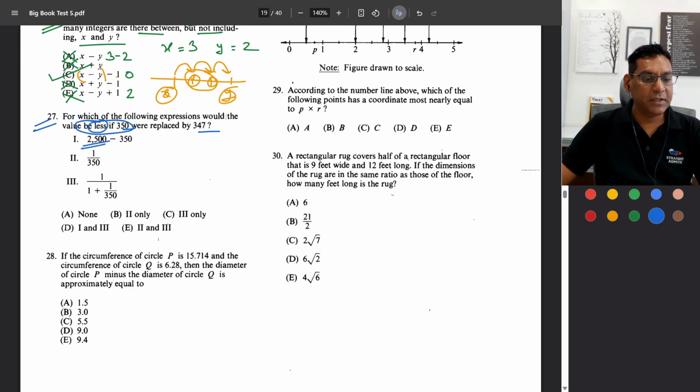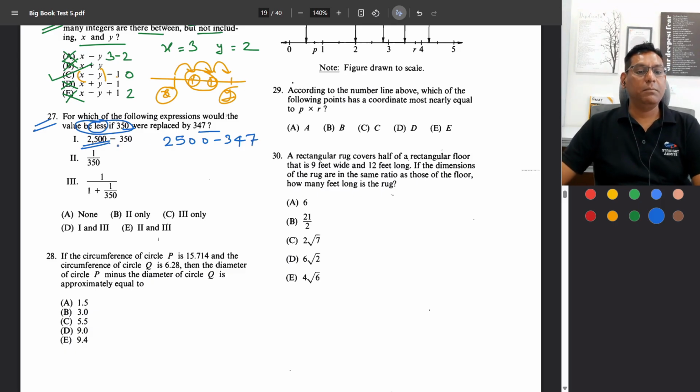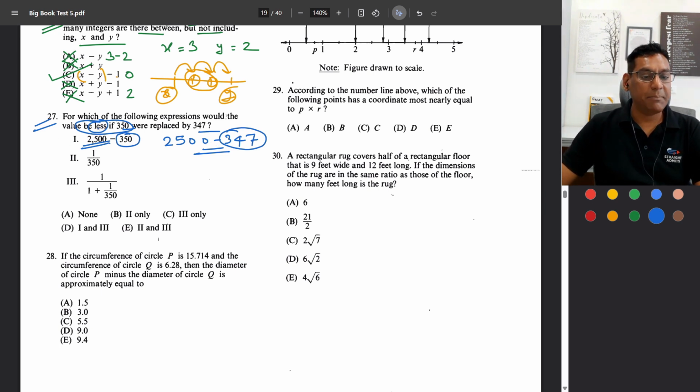So here I have a fixed number. If I compare that with this 3500 minus 347, which number will be bigger? This number will be bigger, right? Why? Because if I compare these two, I'm subtracting a smaller number. If I'm subtracting a smaller number, the result will be bigger. But I want a smaller result. So this doesn't help me, correct?